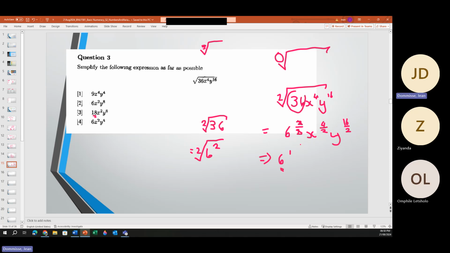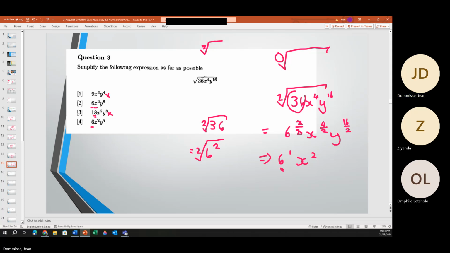So without doing the x and the y, again, I would go in the exam and say, okay, well, it's 6, so it's option 2 or option 4. The other two is automatically not the ones that we're looking for. And then x to the power of 4 divided by 2, x to the power of 2.